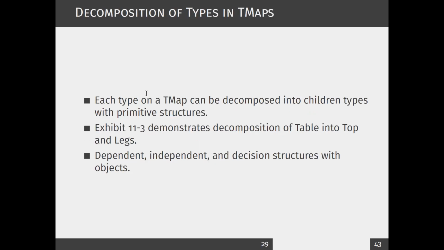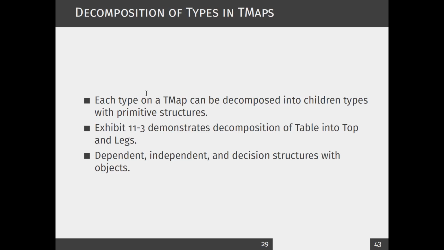Right, then if you look again at types in TMaps, you can see each type in the TMap, we decompose into children types with primitive structures. And you have seen in our previous example, the table we can put into top and legs, right? So you can use dependent, independent, and decision structures with objects.